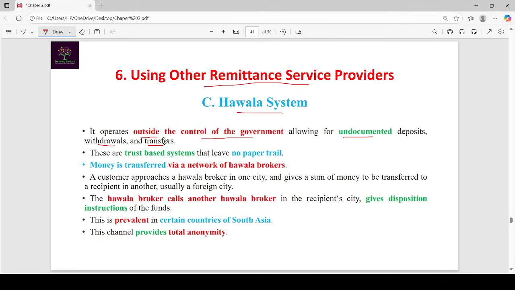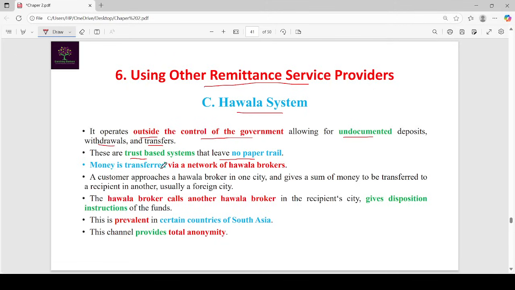In this system no document is required for deposits, withdrawals, and transfers. These are entirely performed on trust. So these are trust based systems, and they leave no paper trail.